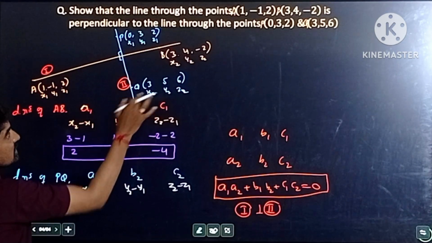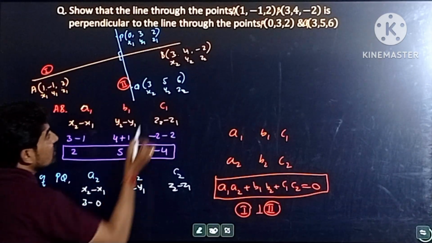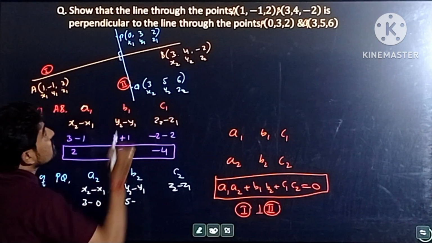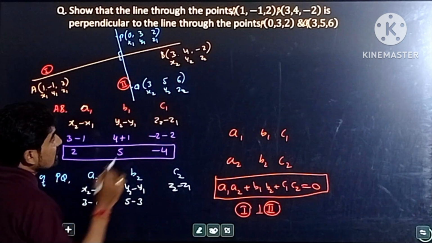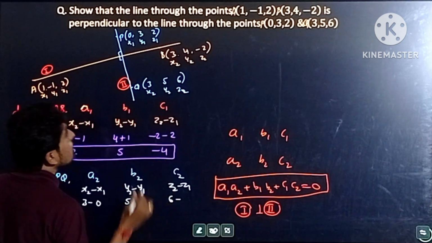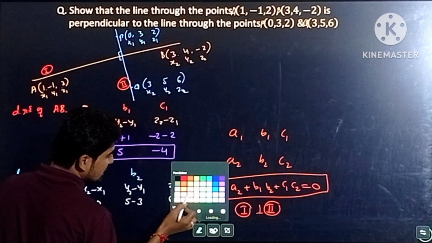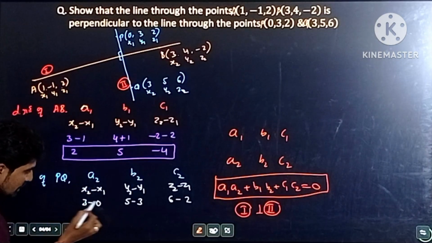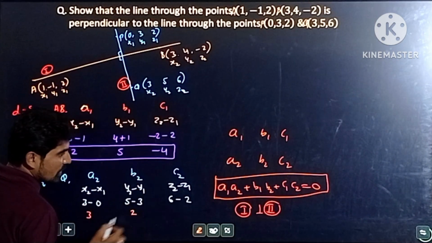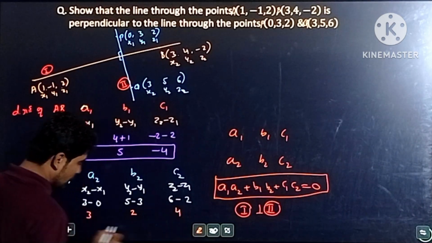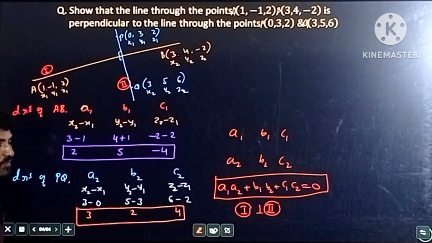Here x2 is 3 minus x1, which is 0; y2 is 5 minus y1, which is 3; and z2 is 6 minus z1, which is 2. Hence A2 is 3 minus 0, which is 3, B2 is 5 minus 3, which is 2, and C2 is 6 minus 2, which is 4. These are the direction ratios of the second line segment PQ.